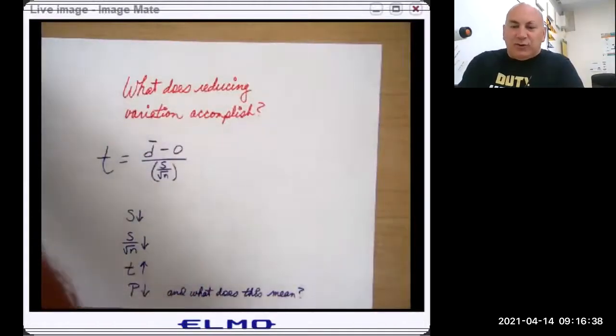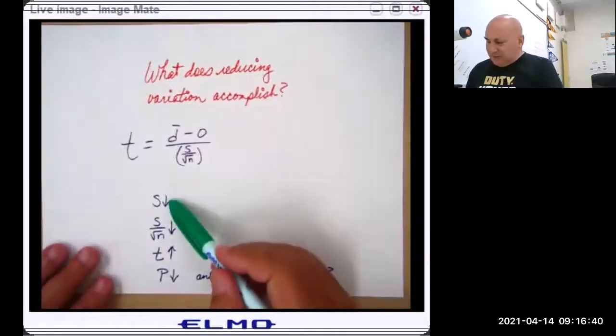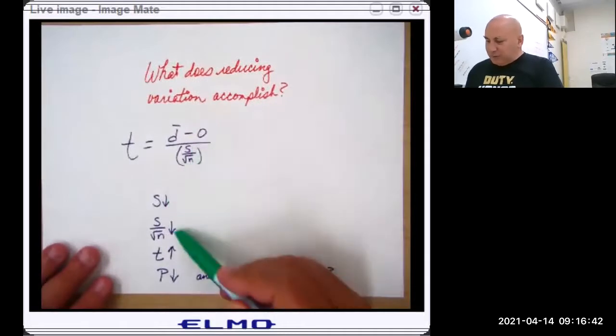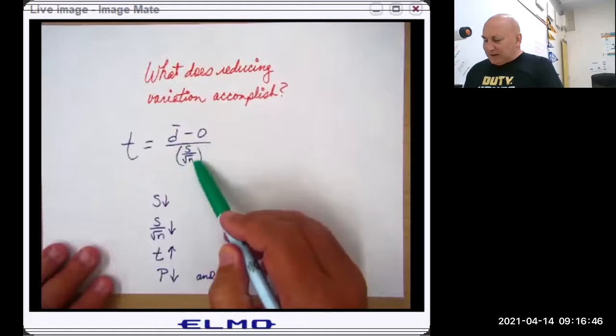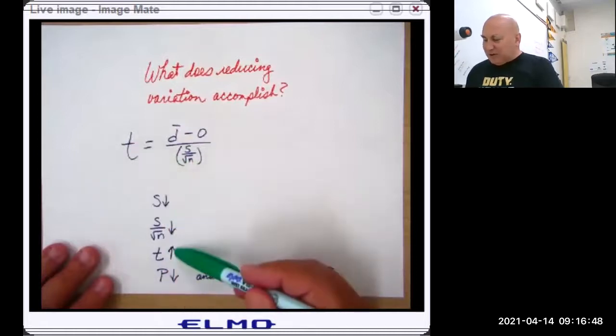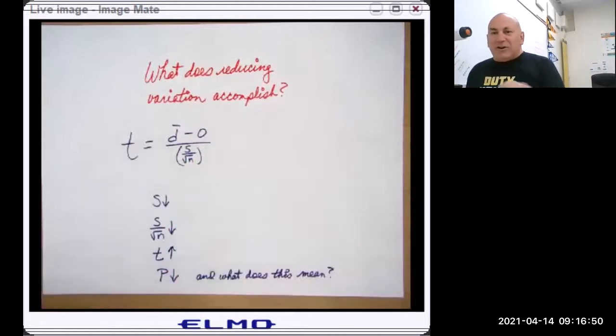If you reduce the standard dev, then sigma over root n gets smaller. If sigma over root n gets smaller, then t gets bigger. If t gets bigger, then you're further and further away from the mean, which means your p-value is going down because we're only measuring that tail out there.